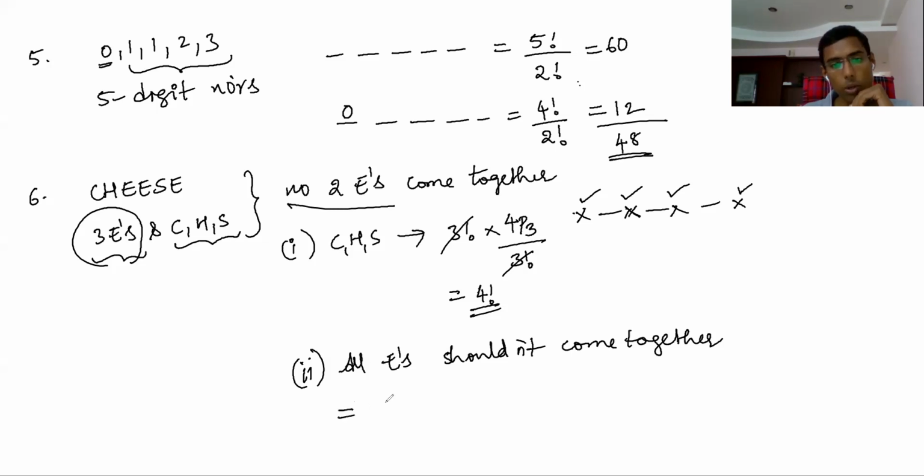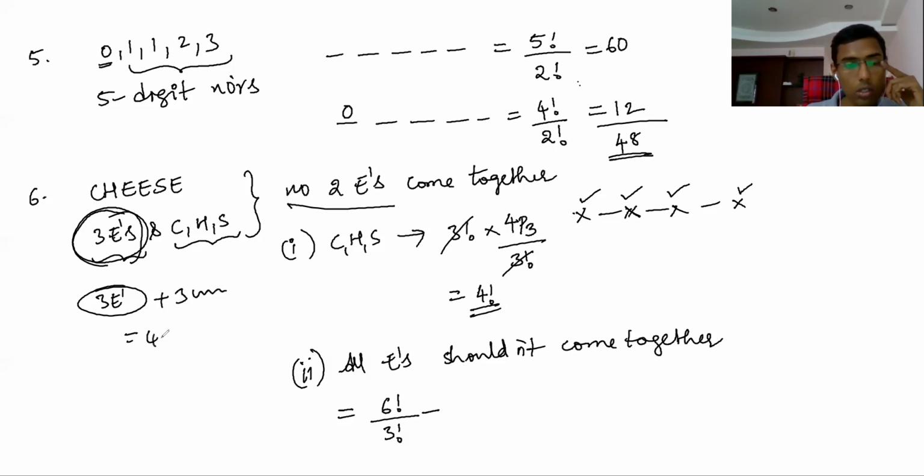So the total number of permutations is 6 factorial by 3 factorial, minus the number of permutations in which 3 E's come together. 3 E's come together means the 3 E's are 1 unit, plus C, H, S as 3 units, total 4 units. These 4 units you can arrange in 4 factorial ways.